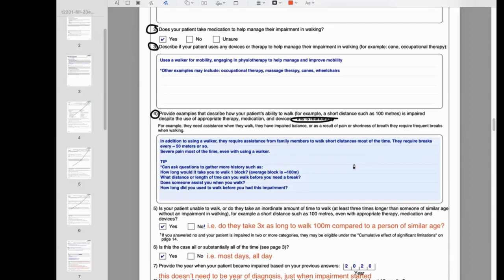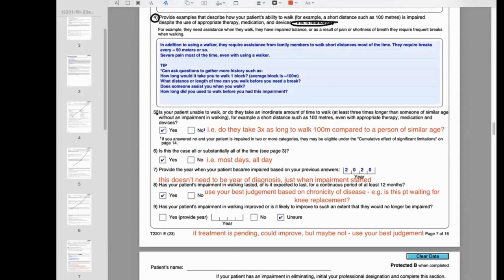So really we're trying to judge if it's substantially all of the time this impairment is present, how severe it is, and if they actually take 3 times as long as the average person of their age to walk. And this is where it brings us down to number five. So again, is that patient unable to walk or do they take a significant amount of time to walk, at least 3 times as long as someone of their age?